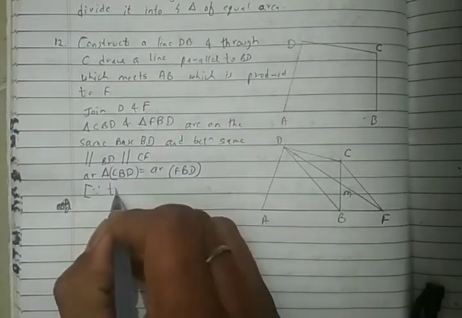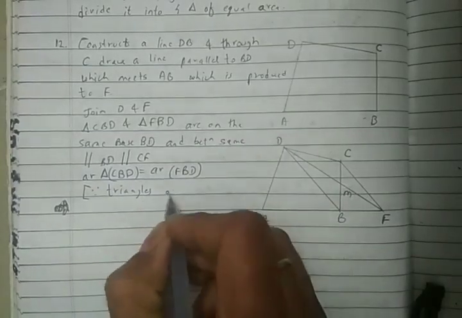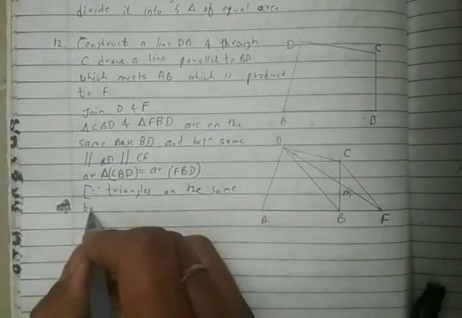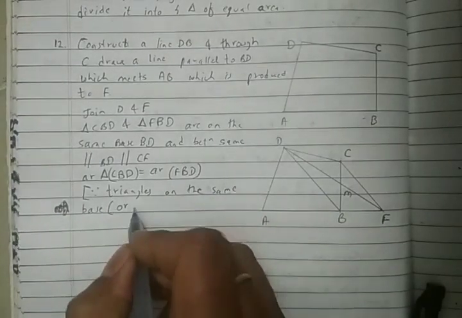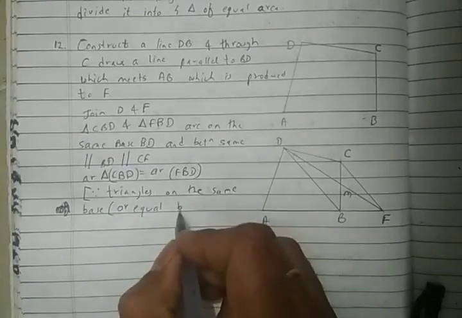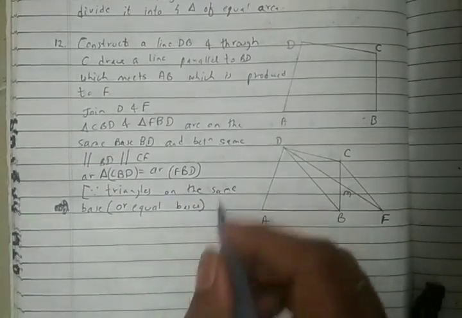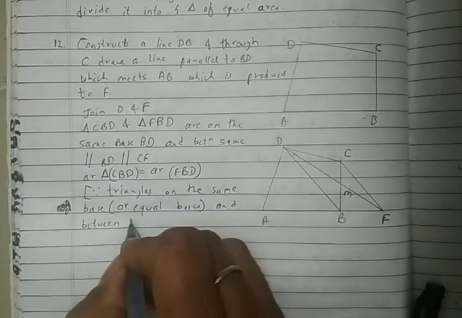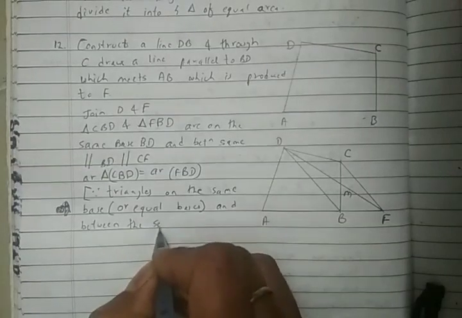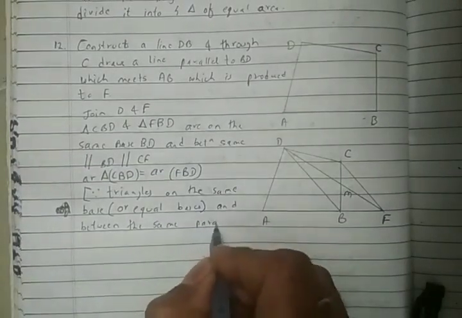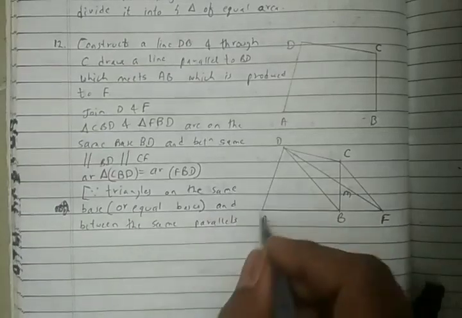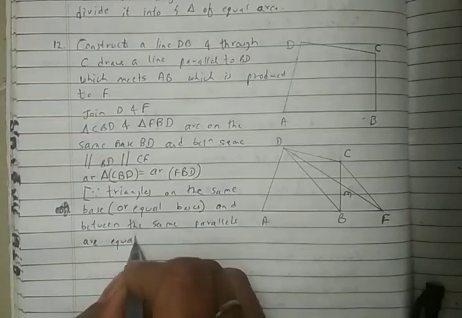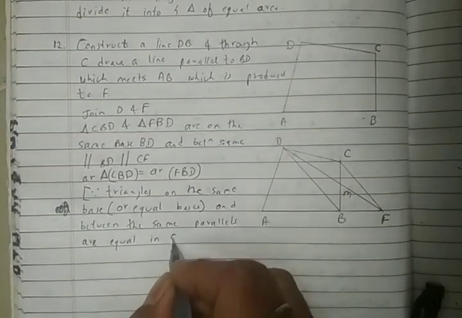Because triangles on the same base or equal bases and between the same parallels are equal in area.